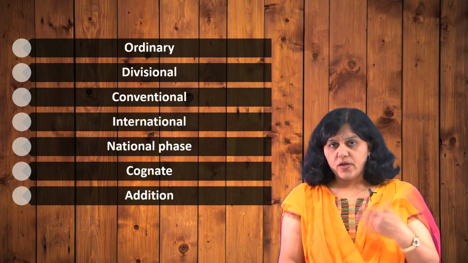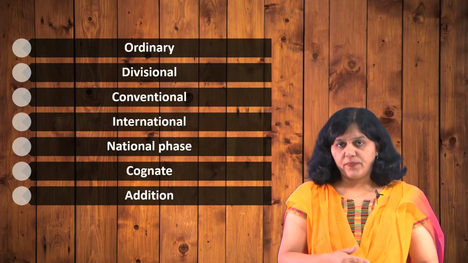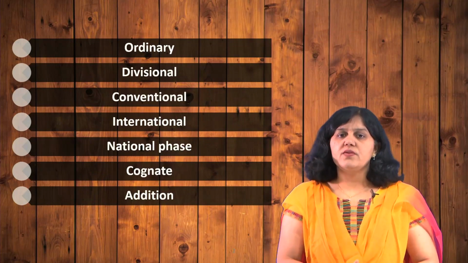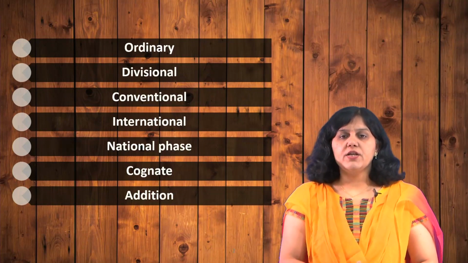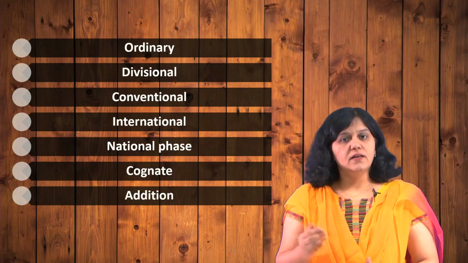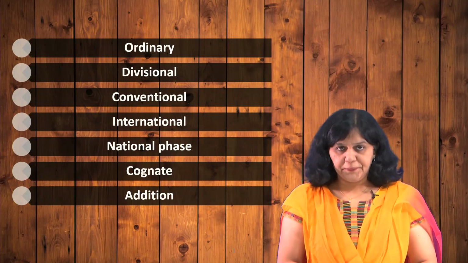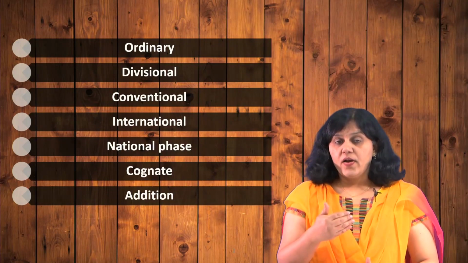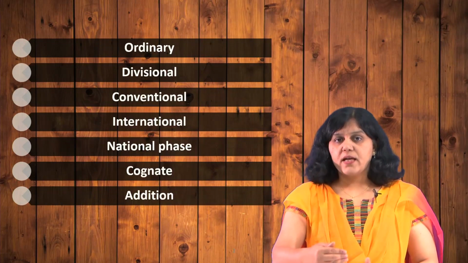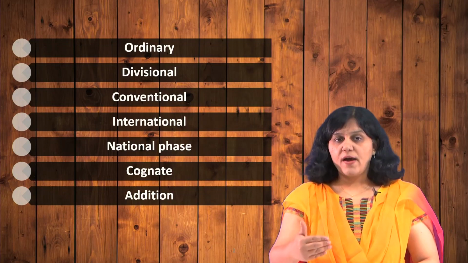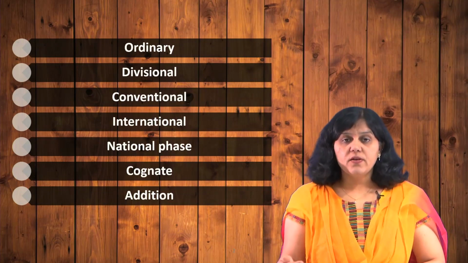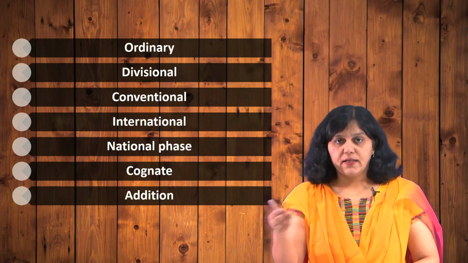So, suppose you have filed a patent in India on 1st January 2019. You have to file that PCT application by 31st December 2019. And if you do that, how much time do you get for the national phase entry, or how much time do you have to go to the individual patent offices in other countries?